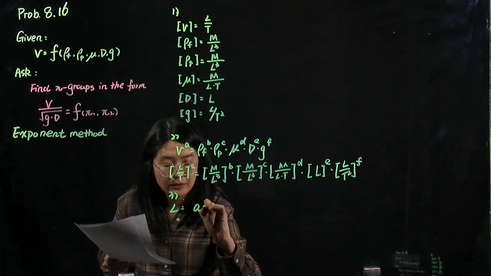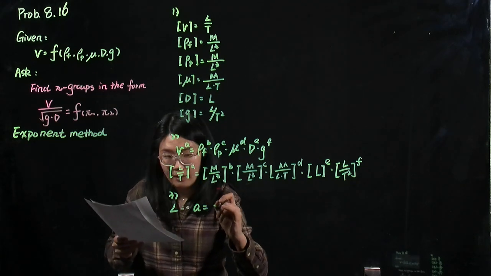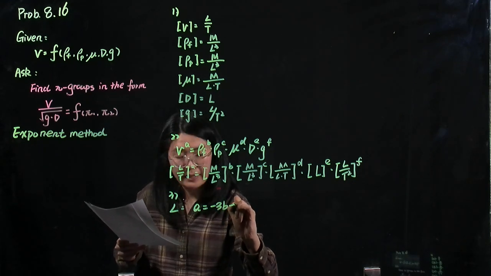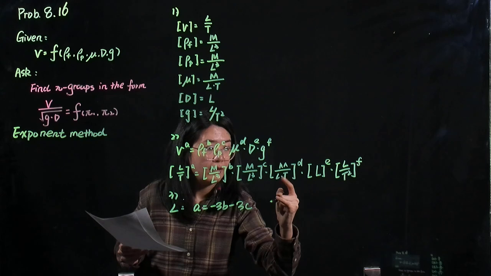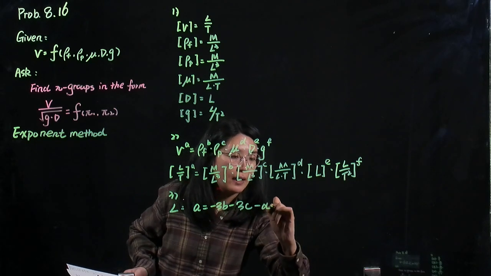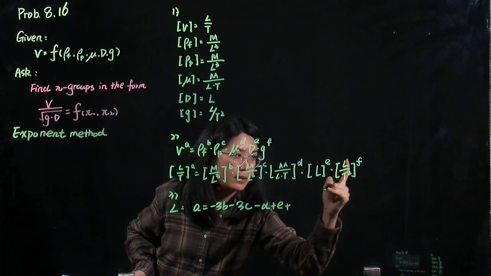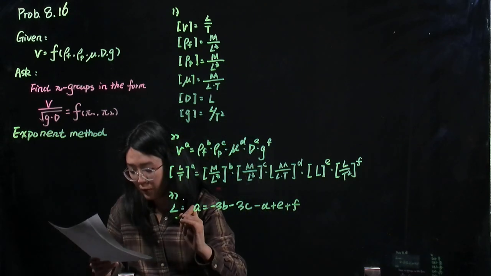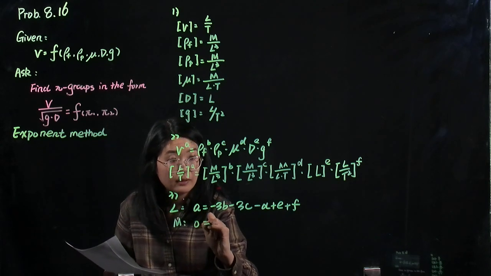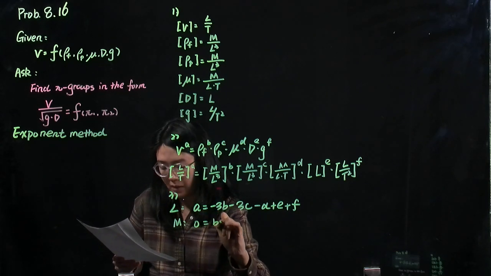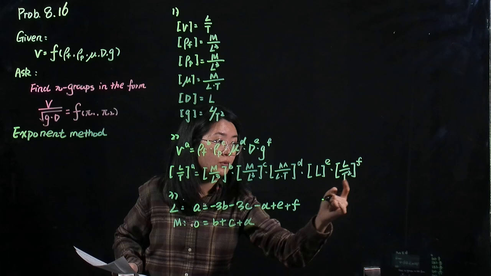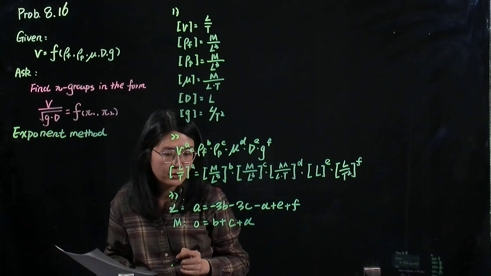So A should equal minus 3B minus 3C here, minus D, and then plus E, and then plus F. For M, on the left-hand side it equals 0, and this one equals B plus C plus D. For these two items there is no M, so it equals 0.